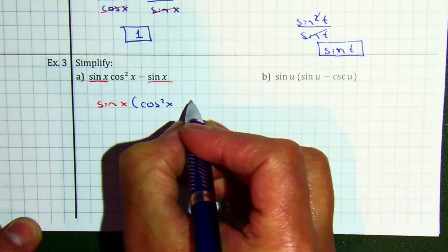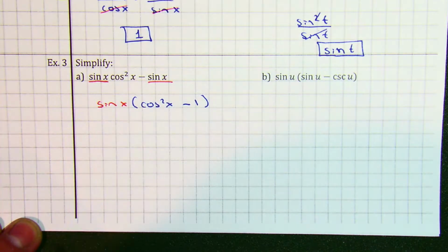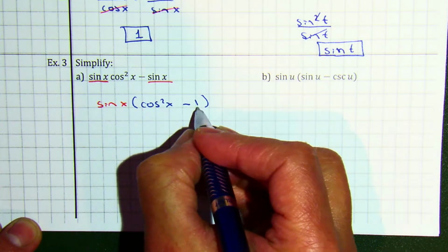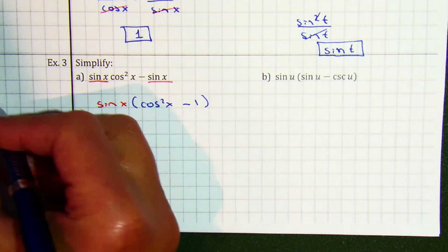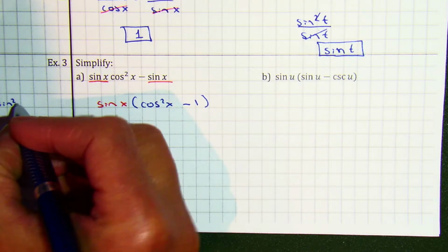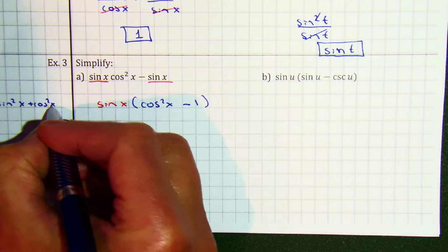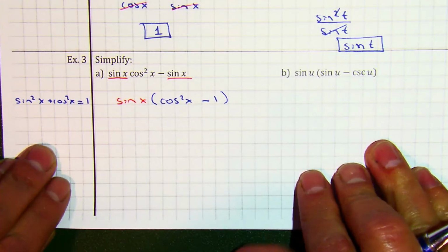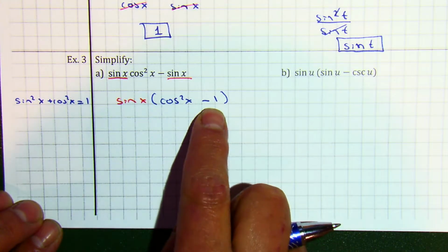Sine of x times what gives me negative sine will be minus 1. Once again, we have the cosine squared of x minus 1. What is this equal to? Well, if I write down the sine squared of, let's say, x plus cosine squared of x equal to 1, which you should have memorized. I want my cosine to be positive and my 1 to be negative.